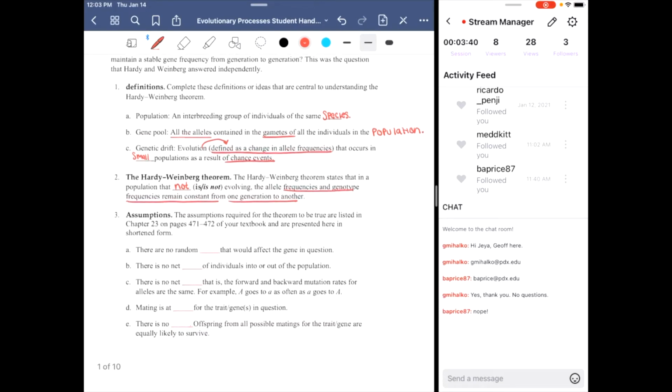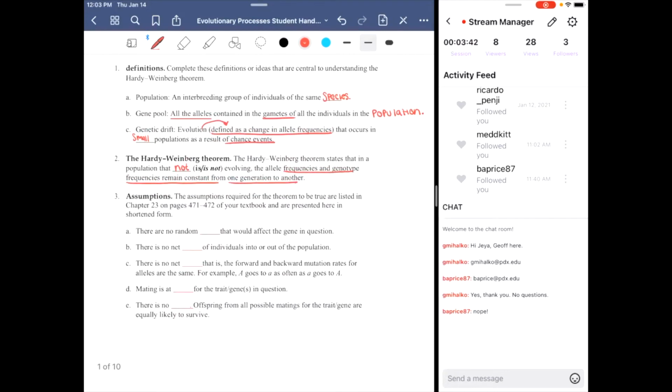And there are certain assumptions that need to be true for the Hardy-Weinberg theorem to be true. The first one is that there are no random allele frequency changes.